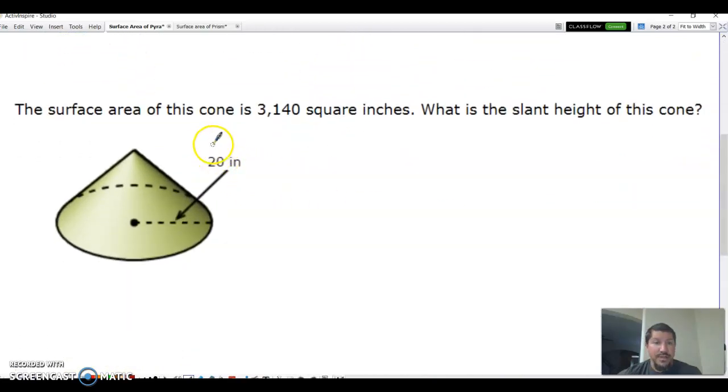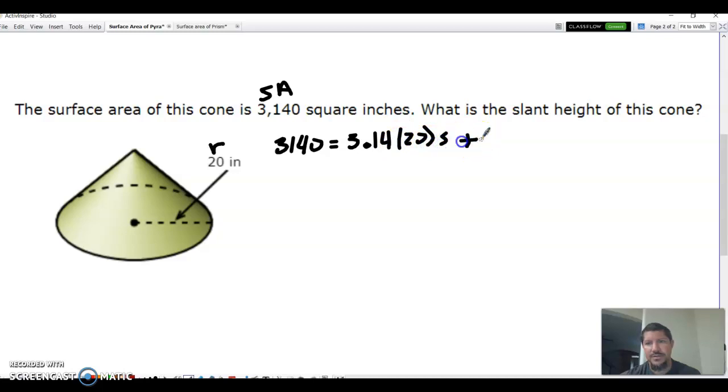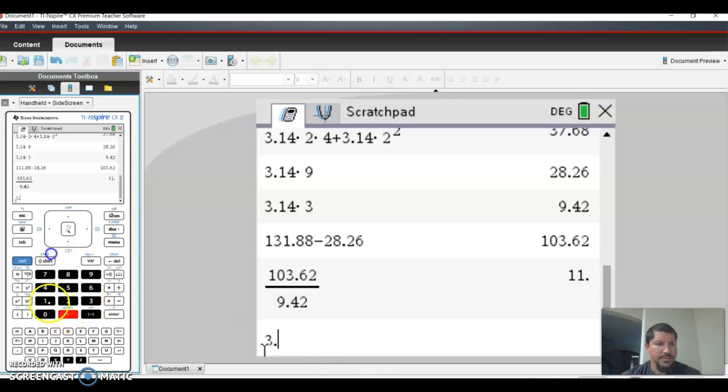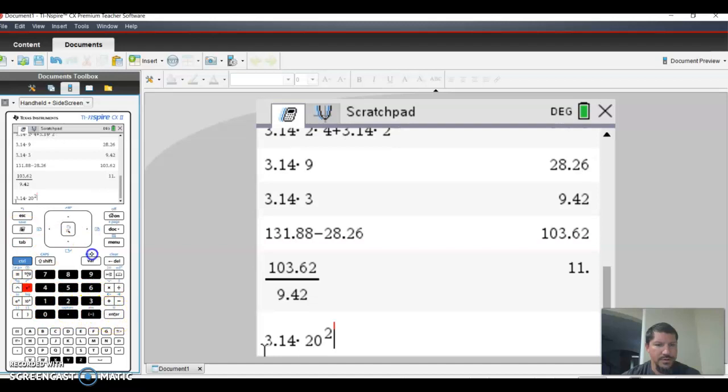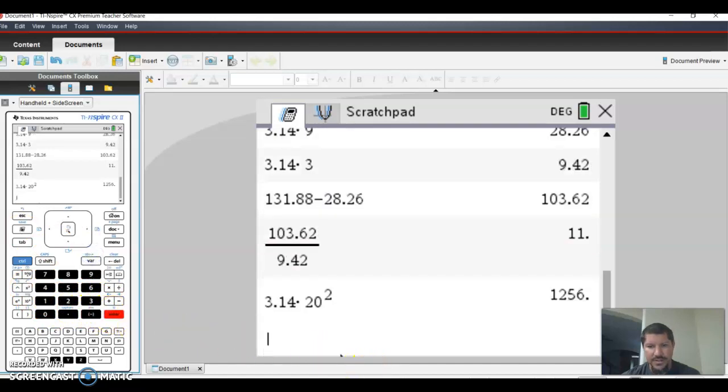Alright, so same thing. That's R. This is my surface area. So 3140 is equal to 3.14 times 20 S plus 3.14 times 20 squared. Okay, so 3.14 times 20 squared is 1256.